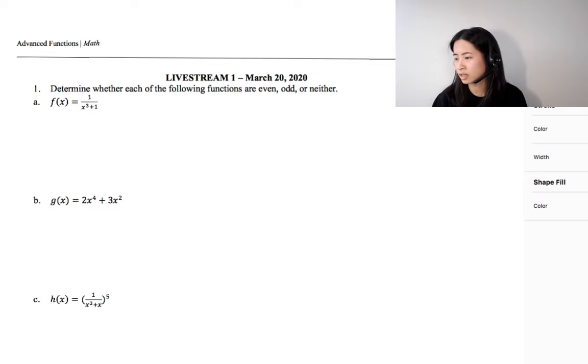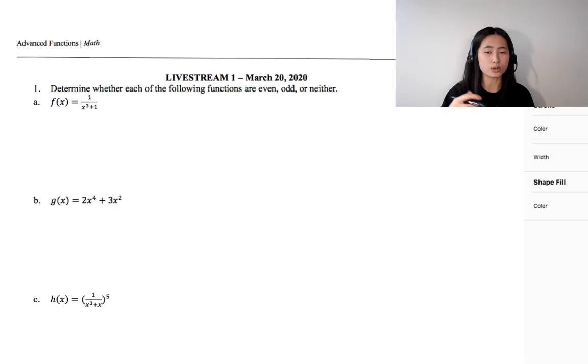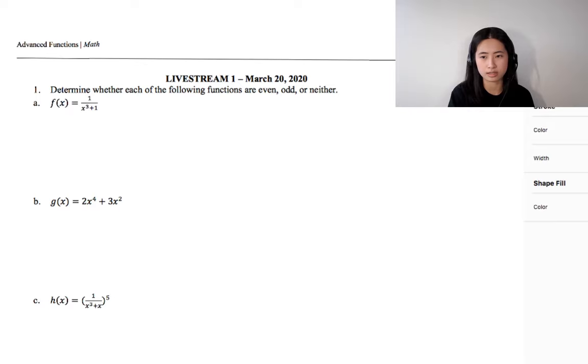Okay, so let's begin. The first question we need to figure out is whether the function is even, odd, or neither. Just as a recap, how do you know if a function is even versus odd? If a function is even, algebraically you plug in f of negative x, and you need to get f of x.